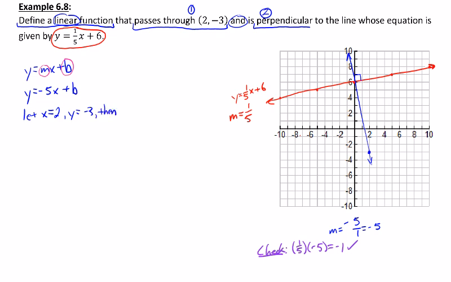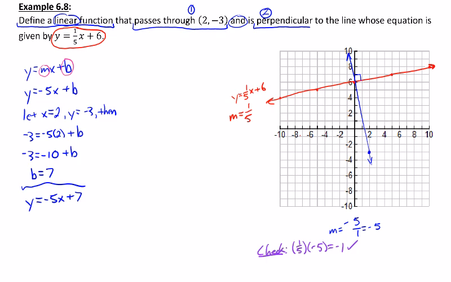That tells me that -3 is equal to -5 times 2 plus b, which implies that -3 is equal to -10 plus b. There's only one value of b that will make this statement true, and that is b equals 7. So my equation is y equals -5x plus 7.